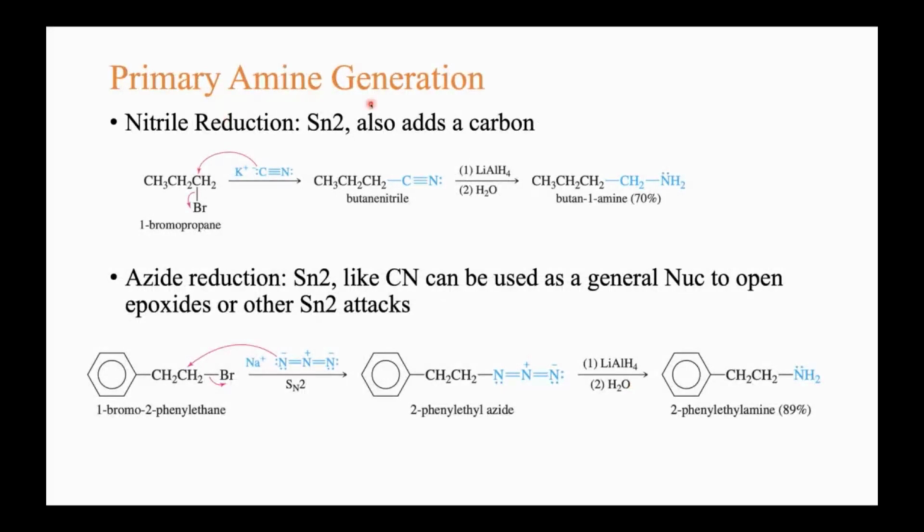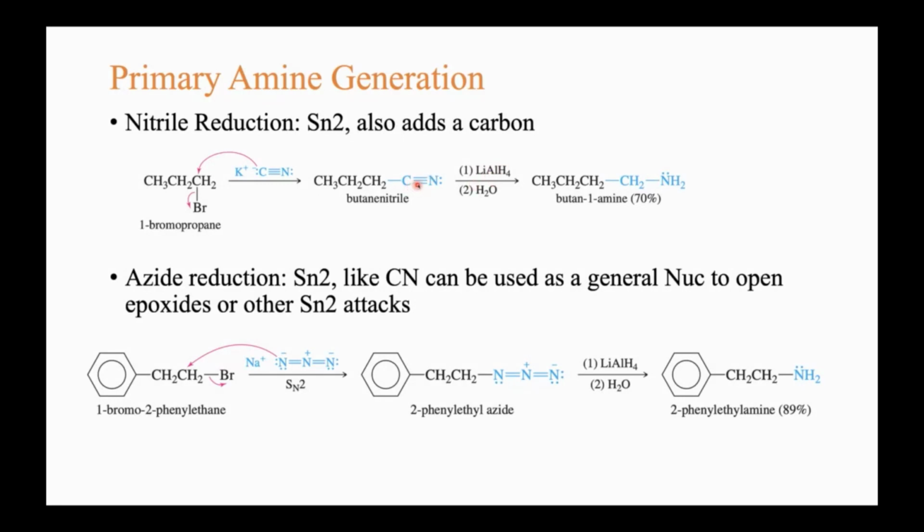So another method of primary amine generation is nitrile reduction. You can attack with a nitrile group, so NaCN or potassium cyanide, and it will attack in an SN2 manner, displacing the leaving group. And then you can reduce a cyano group, or I guess at this point it's a nitrile.